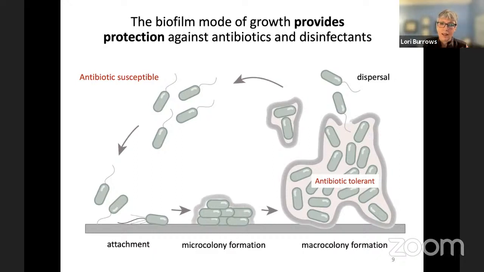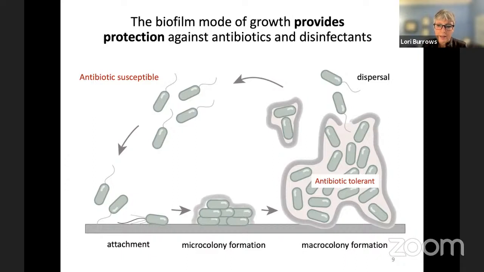So this is how we are looking at bacteria in the lab, even though, as I told you, that's not actually how a lot of infections grow. So 65 to 85% grow as biofilms. So, you know, we have to question whether this is the right way that we should be testing bacteria for antibiotic susceptibility. In the biofilm macrocolony, the bacteria are considered antibiotic tolerant.